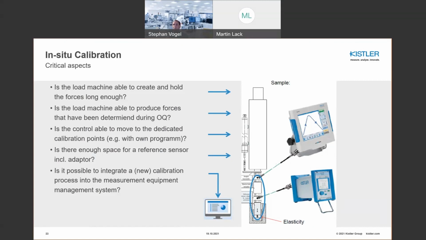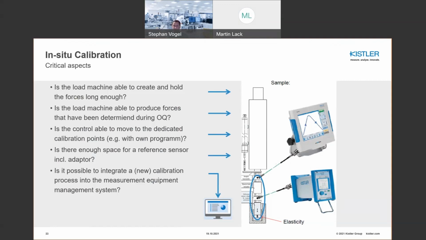Then, of course, the production machine needs to be able to run to the certain calibration points. Maybe the PLC has a certain program for doing calibration. If not, it is necessary that you can, for example, move it by hand to the position. And last but not least, there must be enough space to fit a reference sensor, maybe including an adapter, in the machine underneath the sensor.